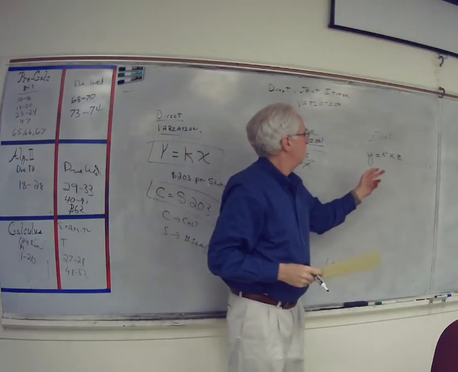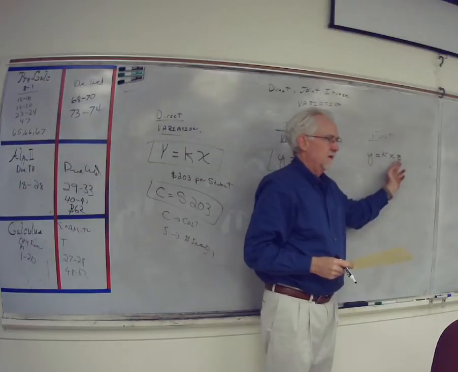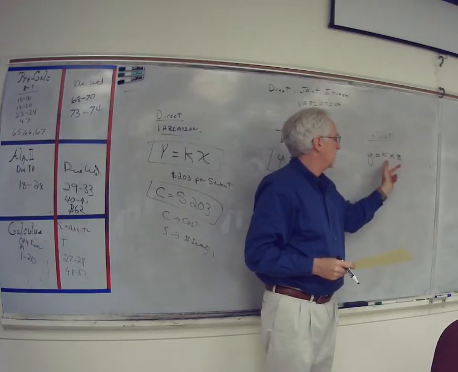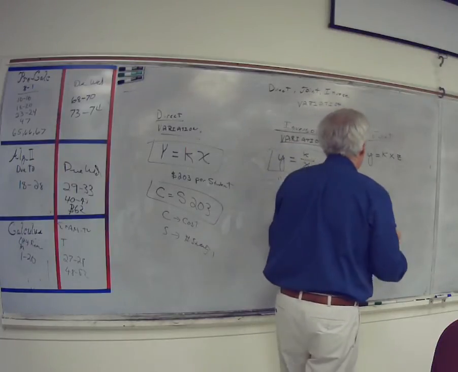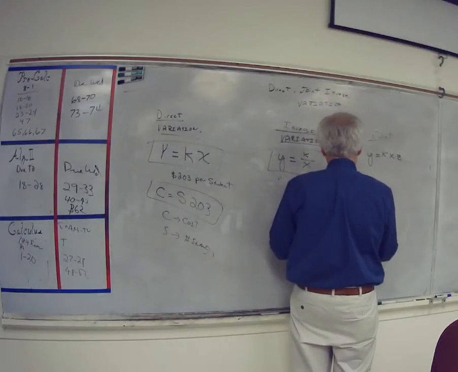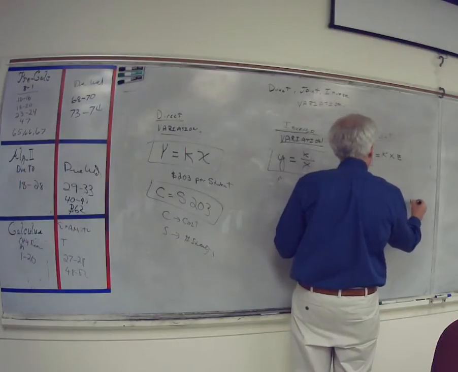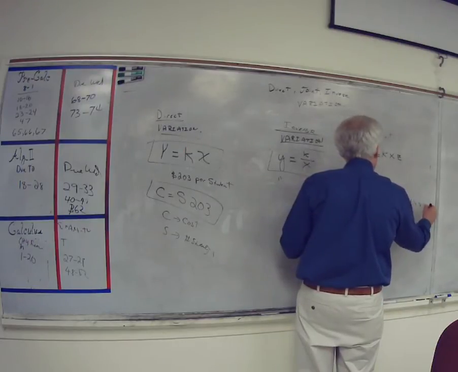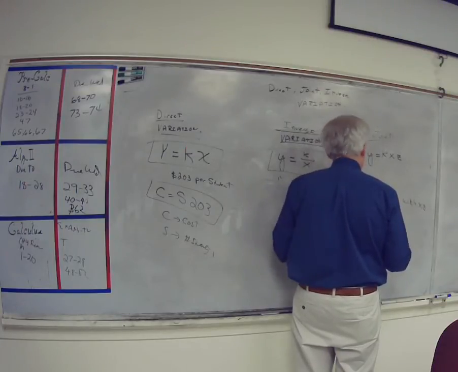This time, y depends on both what and what? X and z. K is still your constant. All right, does that make sense? So let's say I'm going to tell you y varies jointly with x and z.